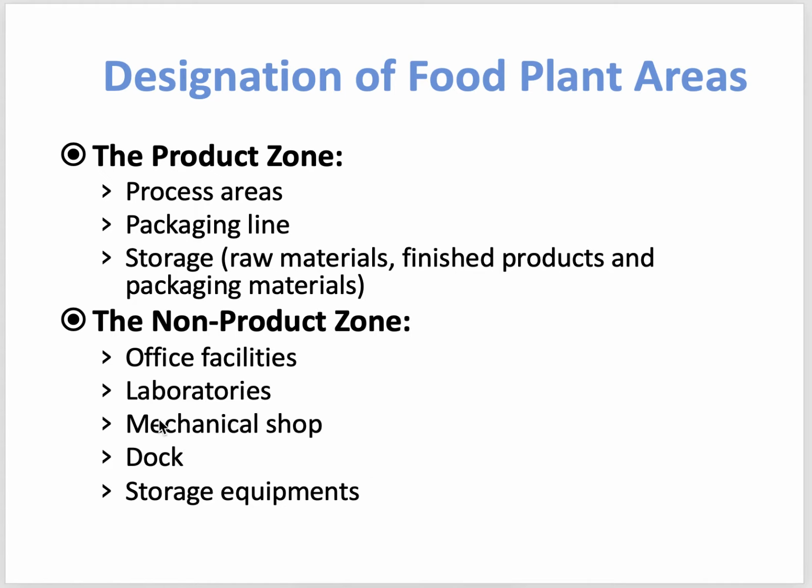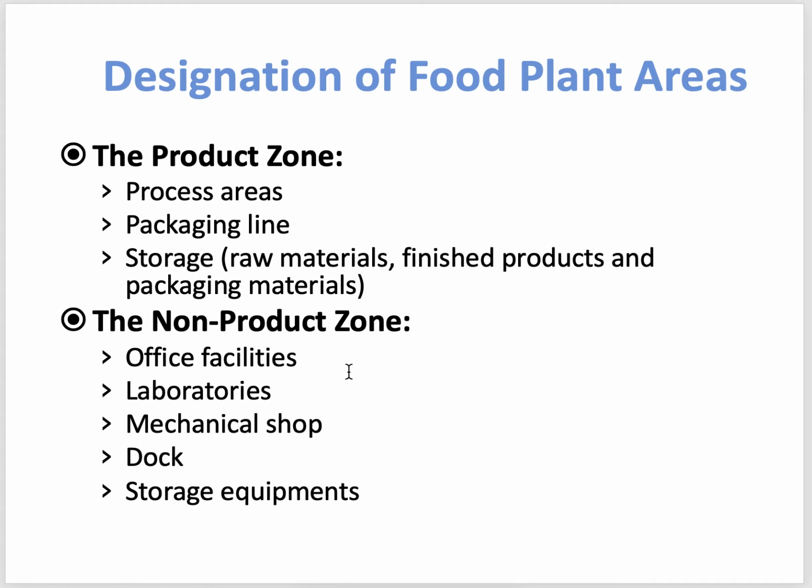There are laboratories here, so please don't think that laboratories should be in the production zone. What do we do in the laboratories? For example, the testing laboratories, the microbiology laboratories, where you check the microorganisms. All the microbiology tests are to ensure the quality of your food. This is not related to production; this is a testing facility.